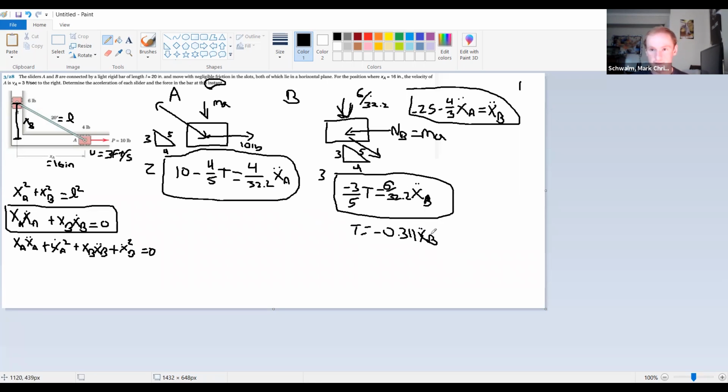So we get another relationship between x double dot b and x double dot a. If we do that, we can rearrange and get that.